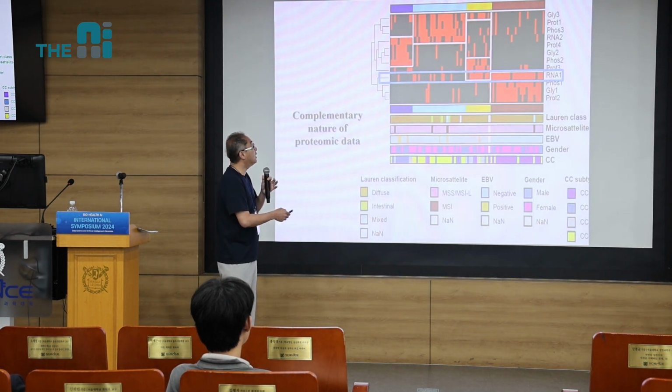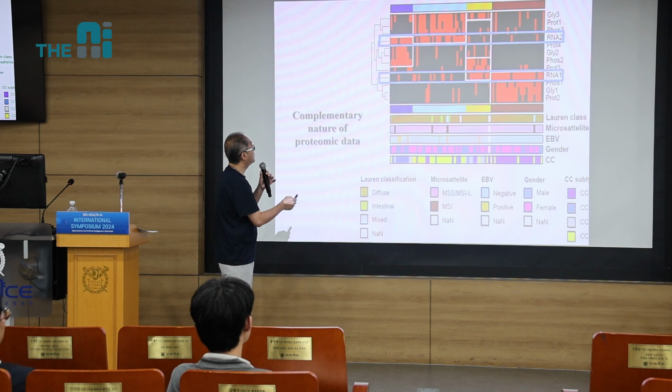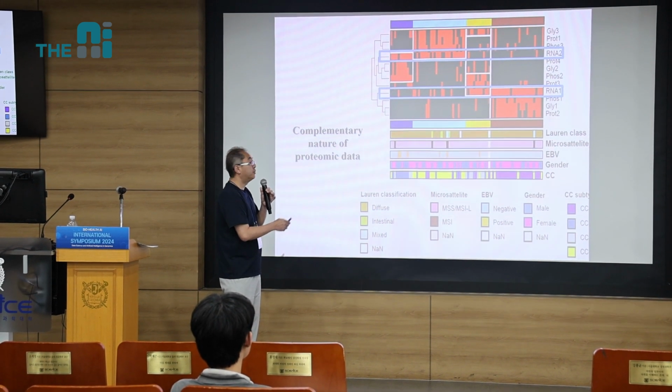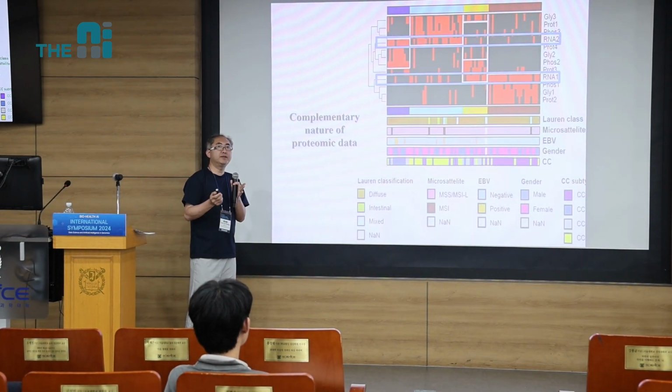So they can subdivide the RNA 1 cluster into subtype 3 and subtype 4. Similarly, here RNA 2 can be further subdivided into subtype 1 and subtype 2 via these protein signatures. So this is the precision medicine approach.